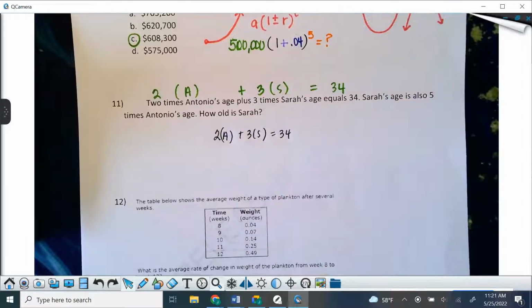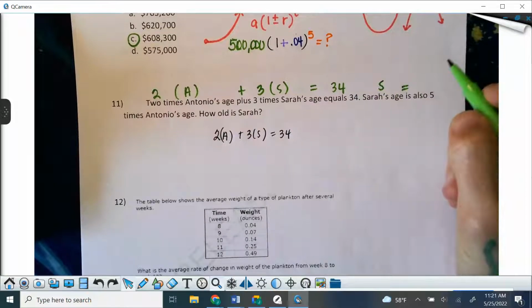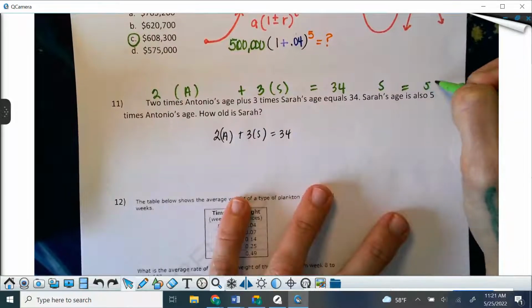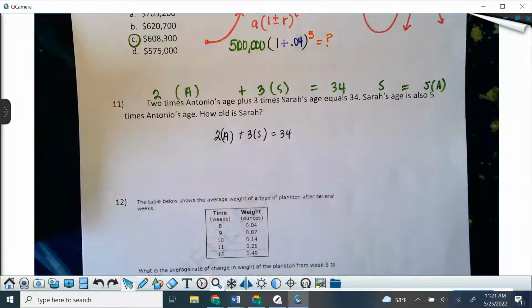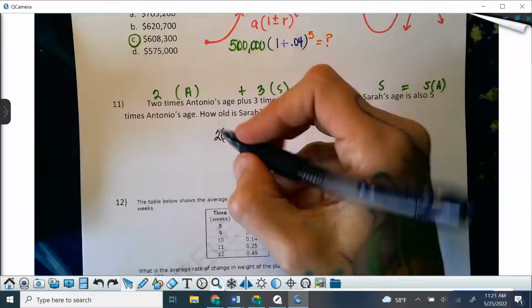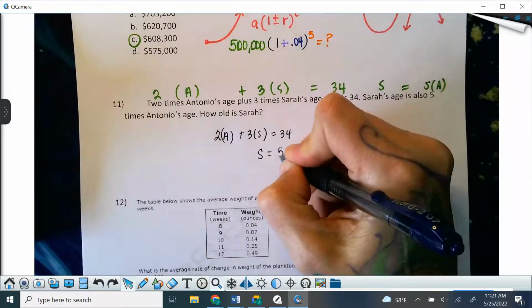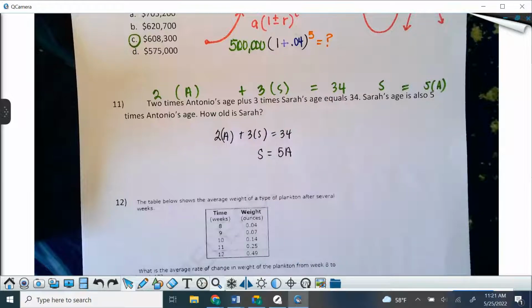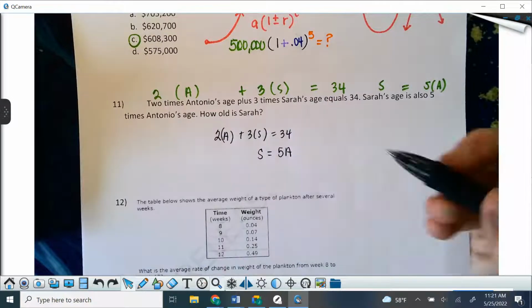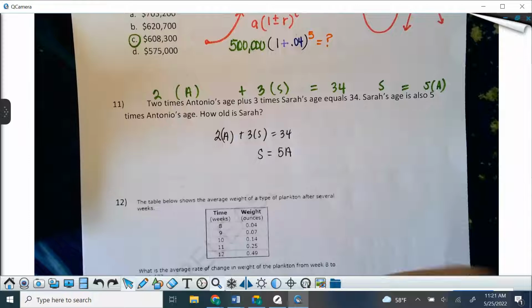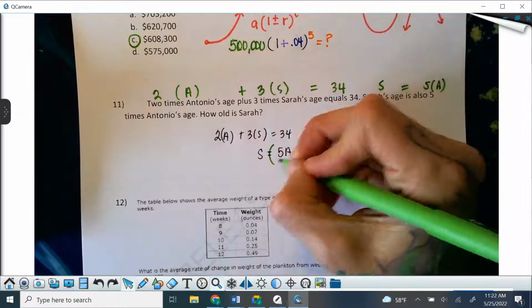All right, second sentence. Sarah's age is also 5 times Antonio's age. So Sarah's age is, and it says 5 times Antonio's age. So Sarah equals 5A. So that means S is 5A.